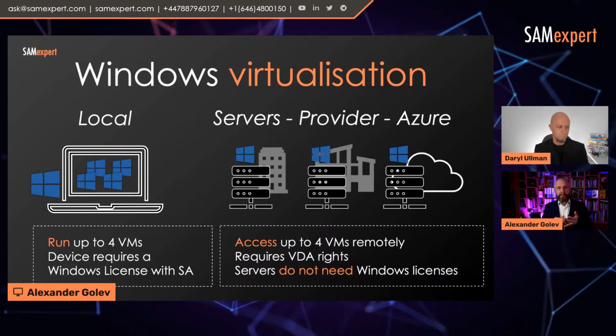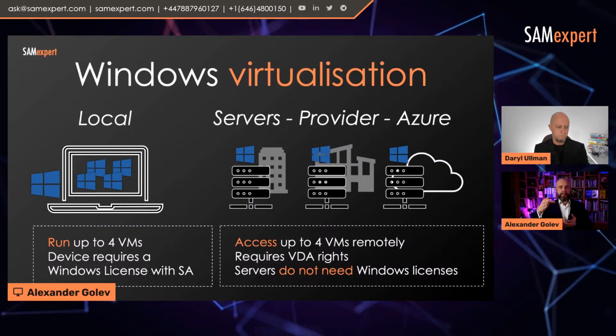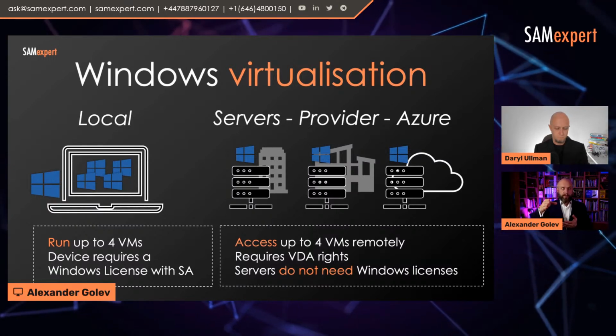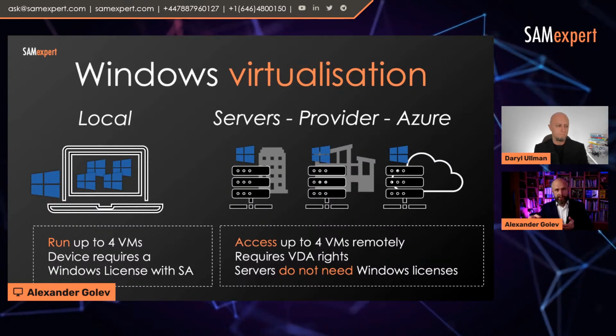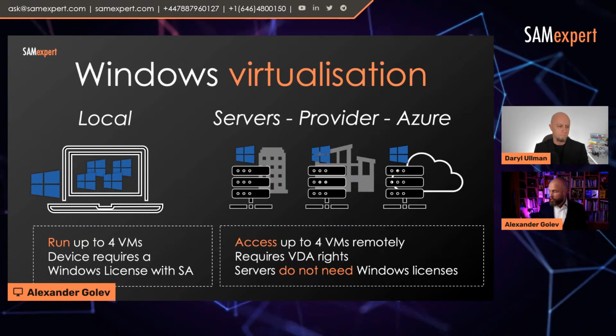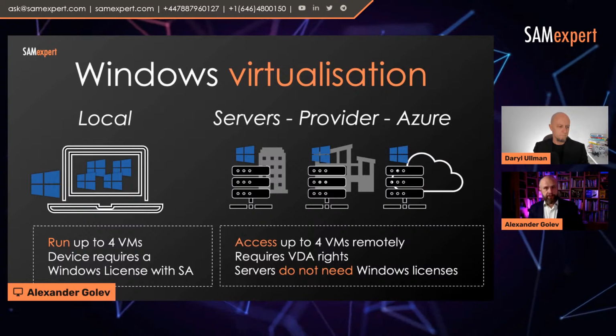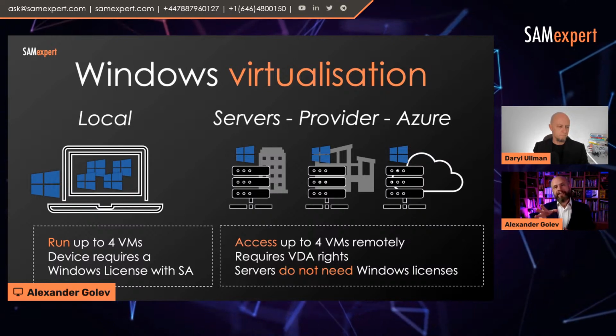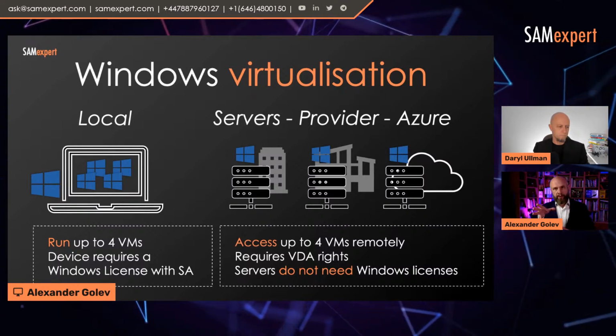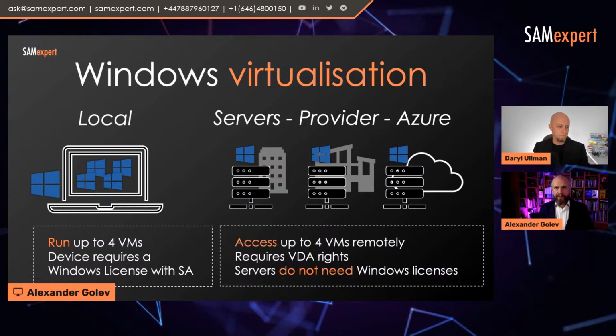This access requires VDA rights, as I said, either through software assurance or the other way to buy VDA rights if you don't have software assurance. Or if you use an iPad to access the VDI, then you need to assign a VDA license, the so-called Virtual Desktop Access license.